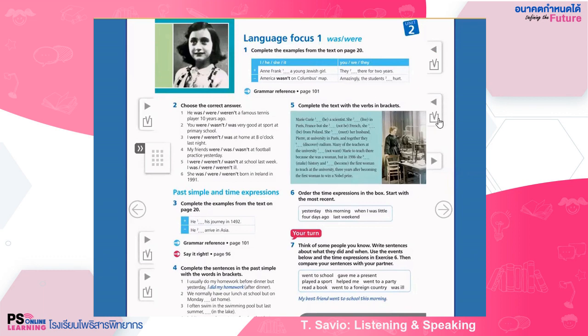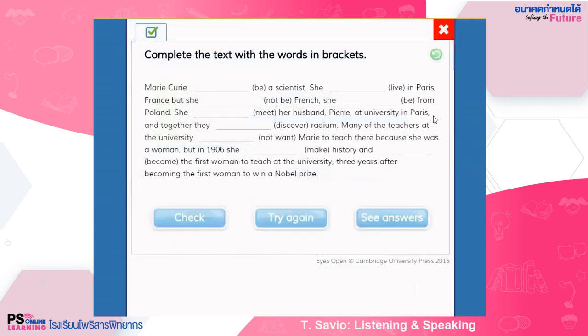Let's go to this exercise. Complete the text with the words in brackets. Marie Curie was a scientist. She, past tense of live, lived in Paris, France, but she wasn't French.